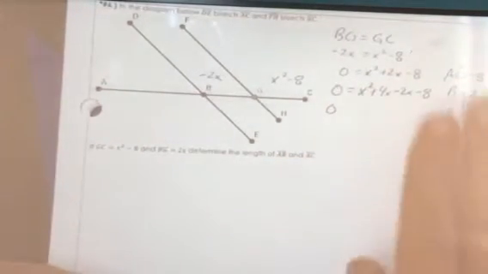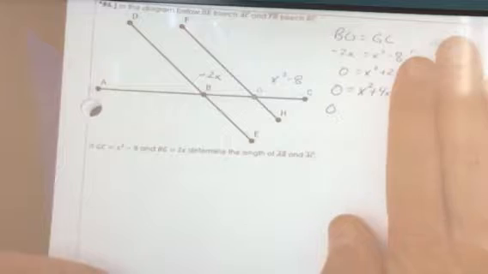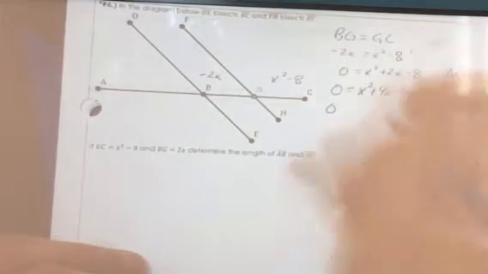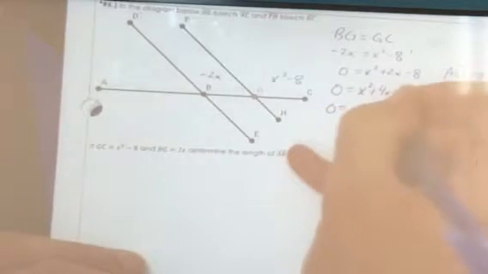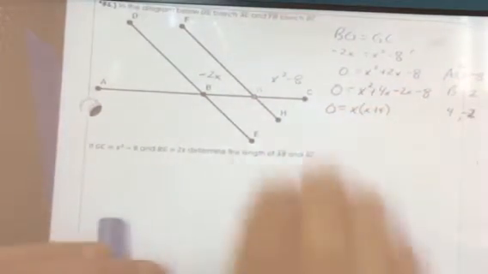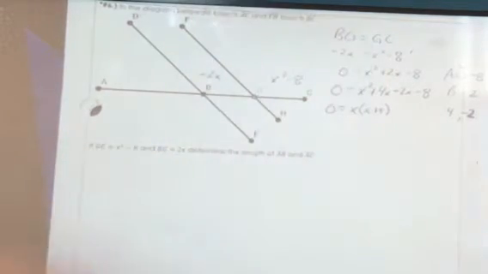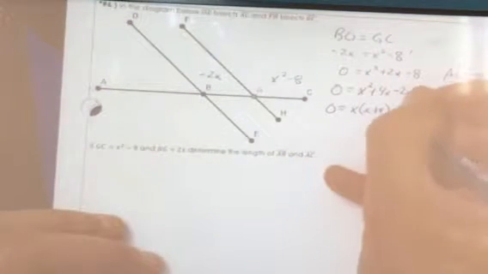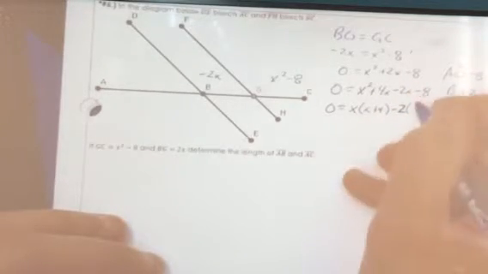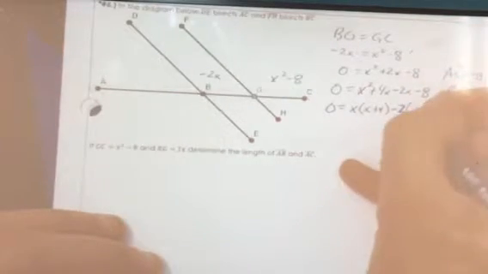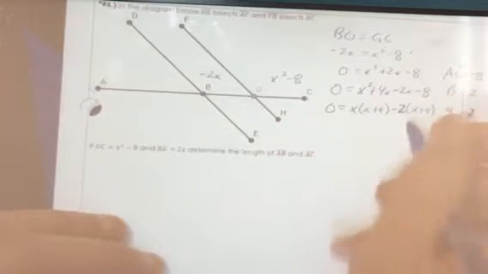So now cover the back and look at the front. X squared plus 4x. We can factor out x. Now look at the back part. Negative 2x minus 8. We can factor out negative 2. And we should be left with x plus 4. And let's just check that.